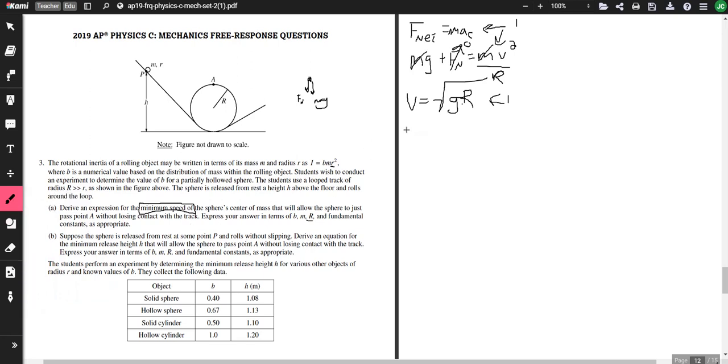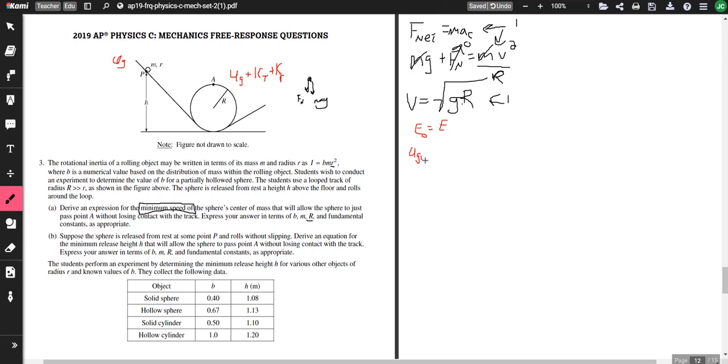It's going to be conservation of energy. At this height, it's got gravitational potential. And then over here, it's going to have gravitational potential plus translational kinetic plus rotational kinetic. So initial energy equals final energy.